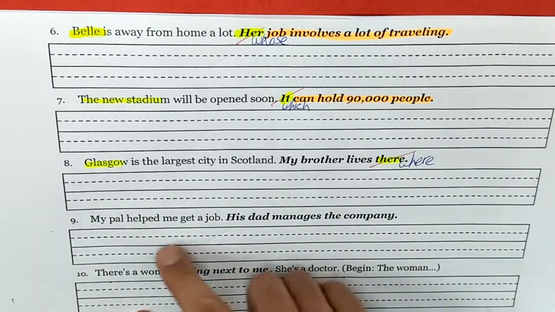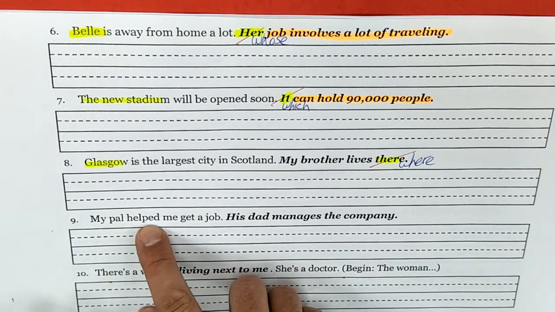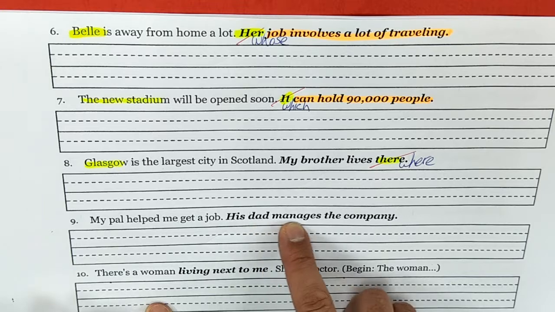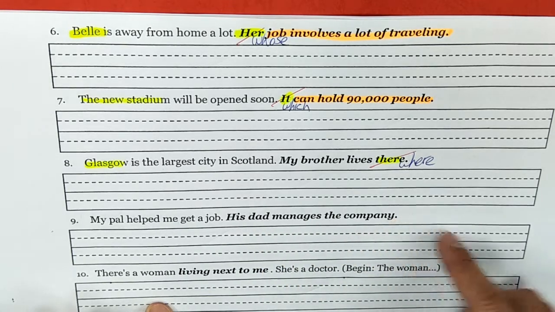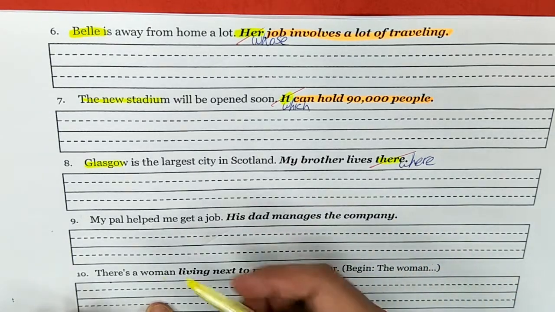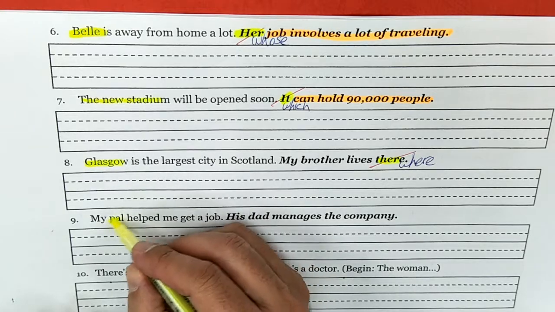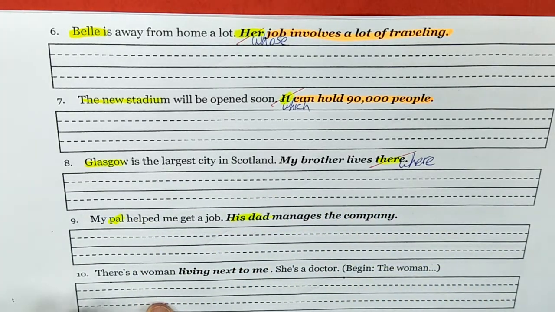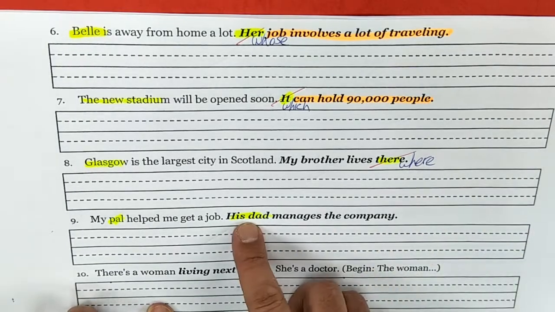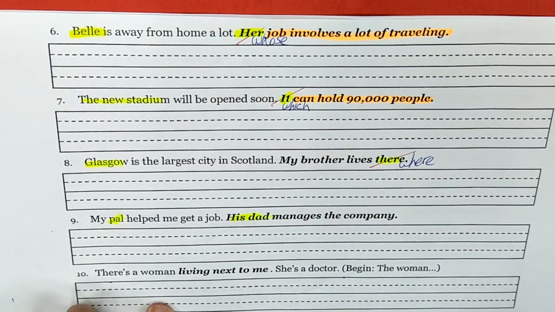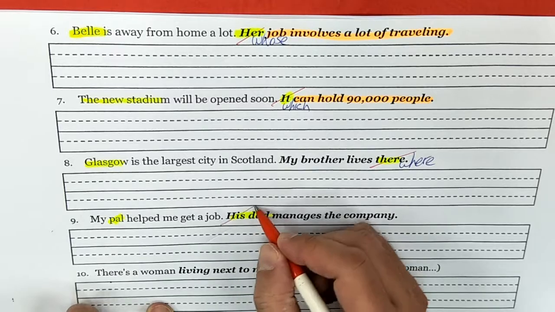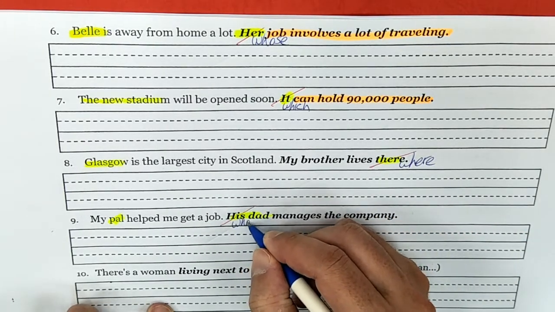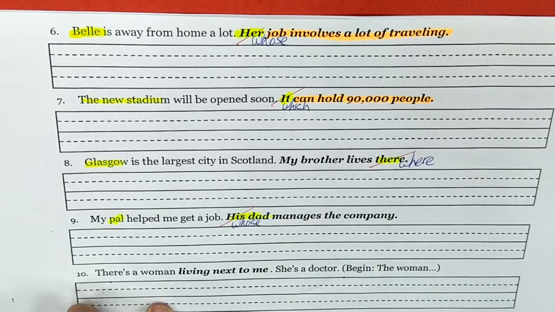All right, number 9. My pal helped me get a job. His dad manages the company. So here we have my pal, right? My pal and his dad, okay? And look at that. This is his dad. That's the possessive. Getting rid of that possessive, I'm going to write down whose dad.